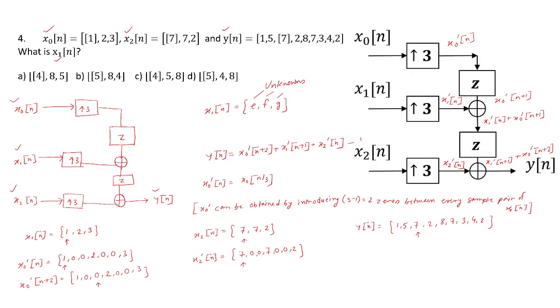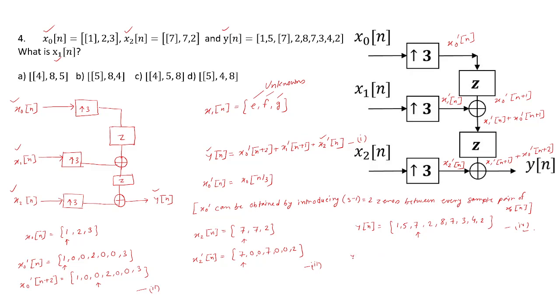Let us denote this as equation 1, this is equation 2, this one equation 3, and this one equation 4. So let us first denote, if I subtract x2 dash from y, what we are going to get?